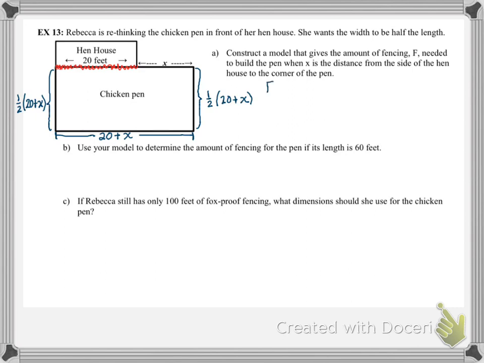So F, which represents the total amount of fencing I need, is equal to, well, I need this length, which is x, plus this, which is 1/2 times 20 plus x, and then along the bottom is 20 plus x.